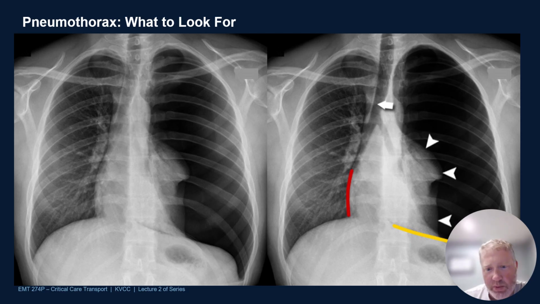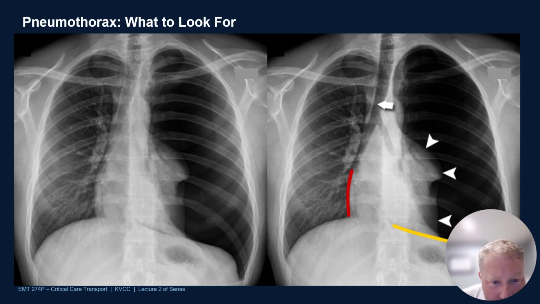So here we've got free air roaming, and definitely indicative of a pneumo. But take a look at everything else though. So we've got rib expansion. Let's see, is that one, two, three, four, five, six, seven, eight, nine or so ribs expanded. Clavicles here.